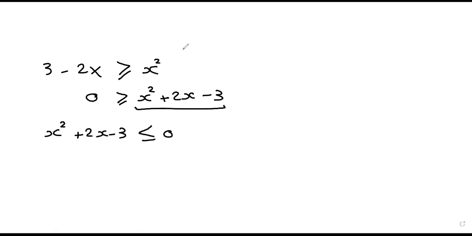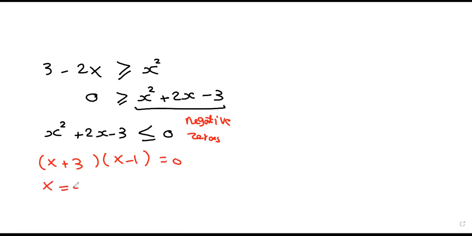What I need is the negative values, and I need zeros, all values of x which make this expression 0. So factorize: x plus 3 and x minus 1 equaling 0.